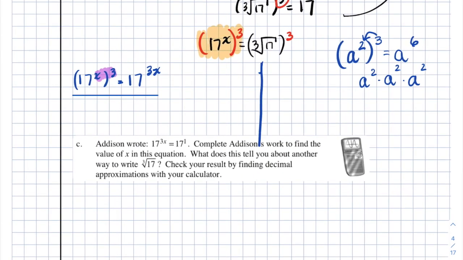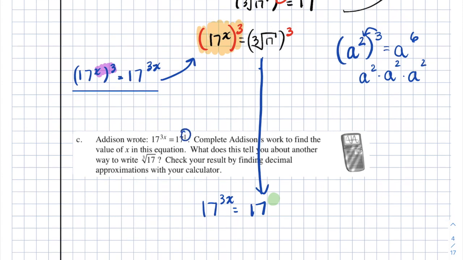We know that this portion is going to be 17, and we stated that that is going to be equal to 17 to the power of 3x. My question is, if we don't have an exponent, what exponent do you think it's going to be? You have a hint right here. So now we have to figure out what this x is going to equal.